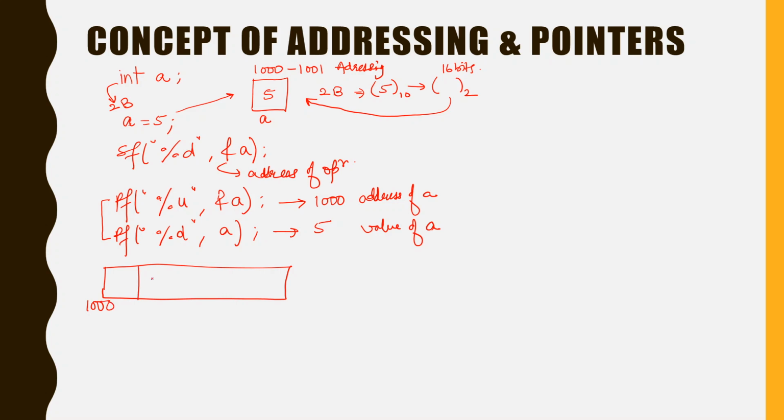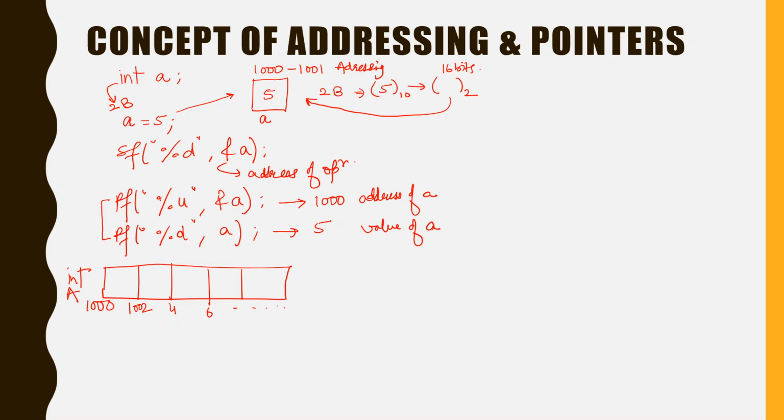If it is an integer array named a, the base address starts from 1000, and each element takes the required bytes. So 1000 and 1001, then the next element starts from 1002, then 1004, then 1006, and so on. This was the revision of the concept of addressing.